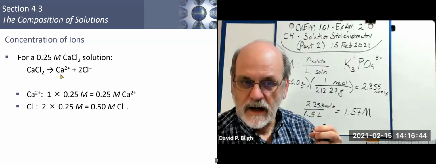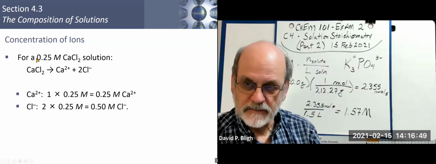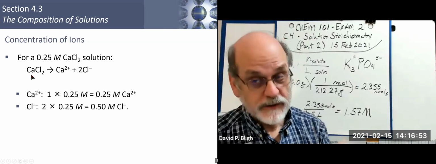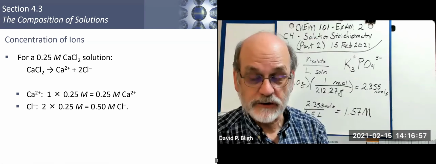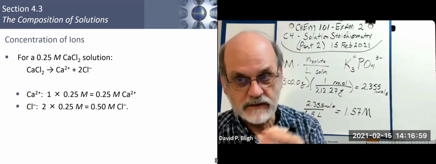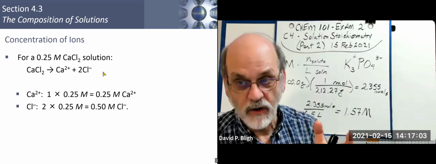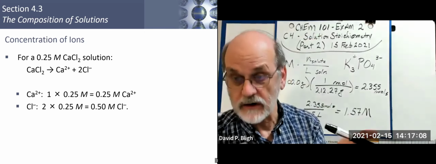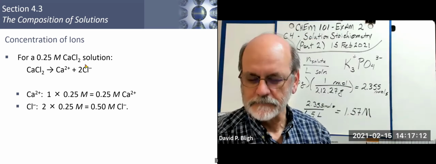Sometimes you just need to know what's the concentration of the calcium chloride in the solution. Recognizing that when it goes into solution, it's not CaCl2 molecules anymore. It's not like that. It really is broken up into calcium ions and chloride ions. But for calculation purposes, maybe that's all you need to know. How much is calcium chloride?